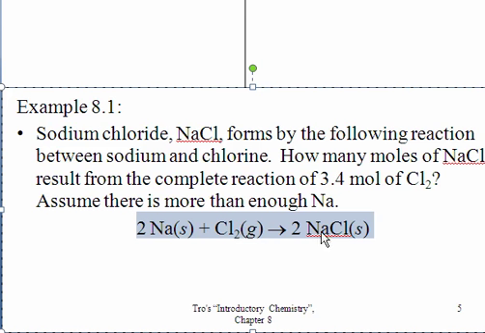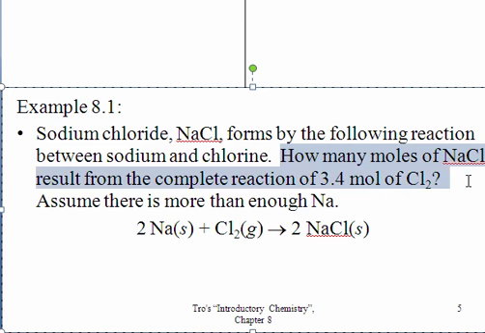Sodium always forms a +1 charge. Chlorine always forms a -1 charge as chloride. So it's a 1-to-1 ratio of cation to anion. Okay, let's get to our question. How many moles of sodium chloride result from the complete reaction of 3.4 moles of chlorine? Assume that we have more than enough sodium.